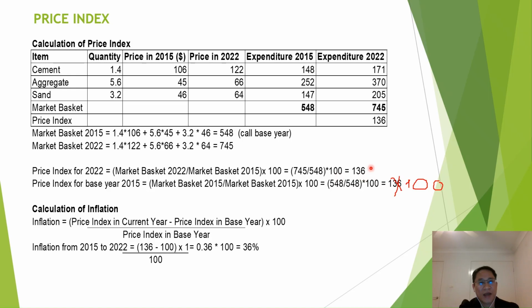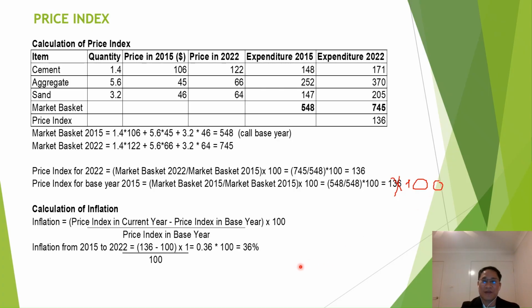We will have the price index for the current year 2022 as 136, and the price index for the base year will always be 100 because it is divided by itself. So you can see here the market basket 2015, 548, divided by itself, 548, times 100 is 100.